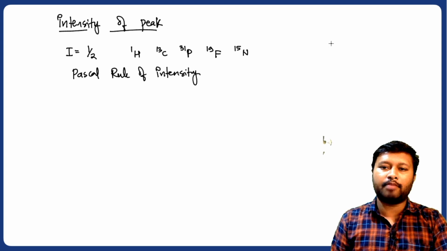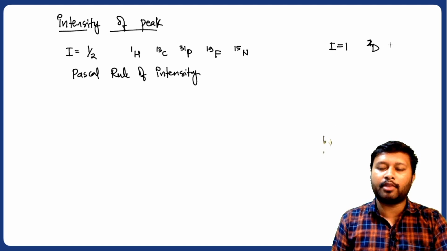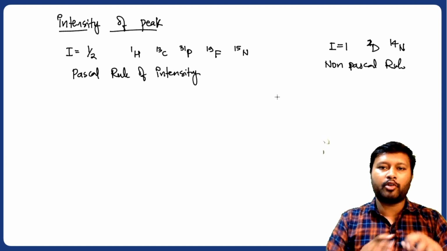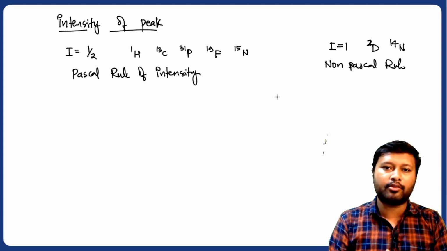The most common one is I value equal to 1. For that you get deuterium, then you get 14N. These are the species which have I value 1, and for these kind of species we follow the non-Pascal rule. So let's talk about what this Pascal and non-Pascal rule are.